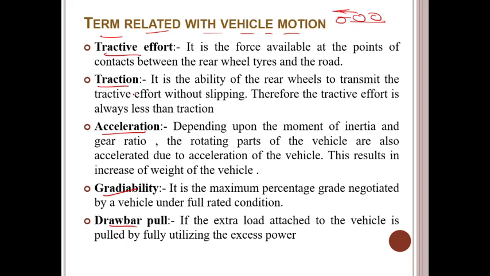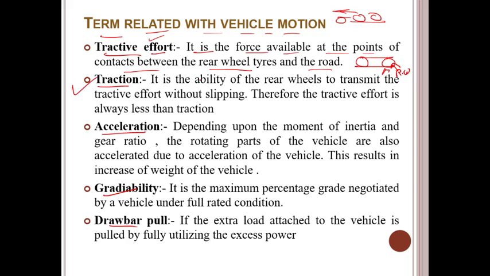First of all, we discuss the tractive effort. It is the force available at the point of contact between the rear wheel tire and the road. That is called the tractive effort. Suppose this is the vehicle, this is the front wheel, and this is the rear wheel. This rear wheel and the road are in contact, and that force is the tractive effort.